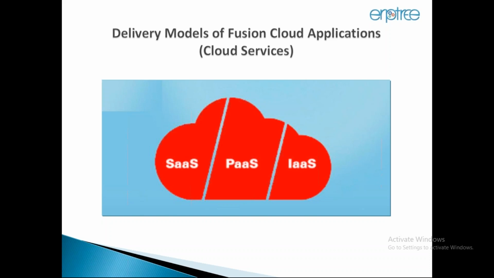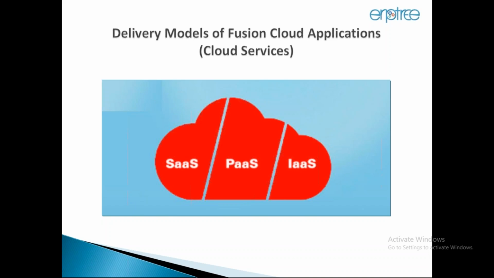Now we will understand the ways of having the cloud application used as an enterprise. These are the delivery models available in Fusion Cloud applications, the mostly used ones. We will understand each one of them and try to distinguish them from our traditional ERP system.